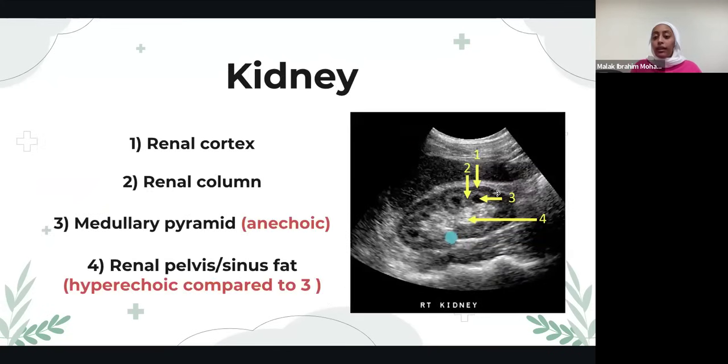In the exam, they're going to give you the same exact ultrasound, or at least in our version. I also looked at previous finals, and they give you the exact same thing and you have to label it. Let's start labeling. The outer layer, number 1, is the cortex. Number 2 is the column. Malak explained what the column and the pyramid are: the column separates the medullary pyramids. The third one is the medullary pyramid, which is anechoic.